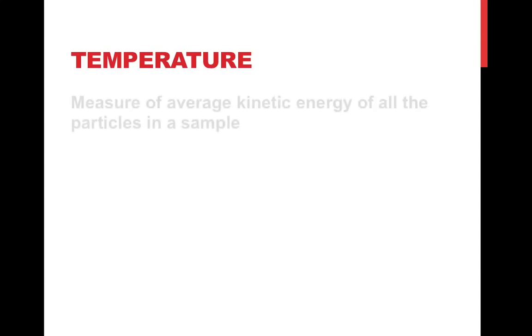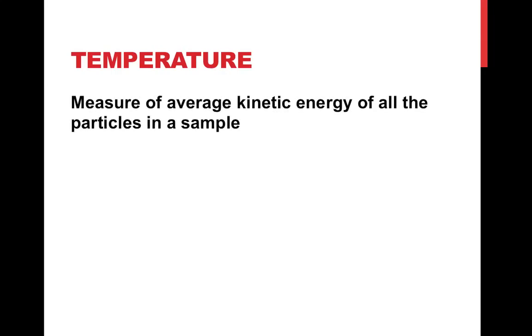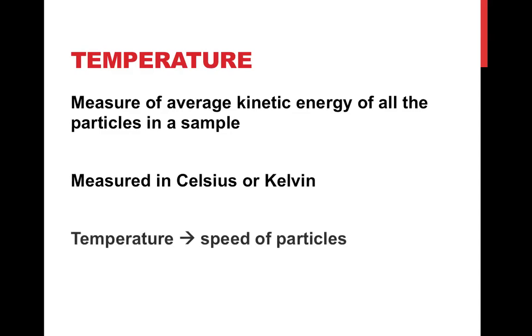So, temperature, as we have already said before when we did gases, is the measure of the average kinetic energy of all the particles in a sample, right? Temperature, the units are Celsius or Kelvin, and like we said earlier, temperature tells us how fast particles are moving.